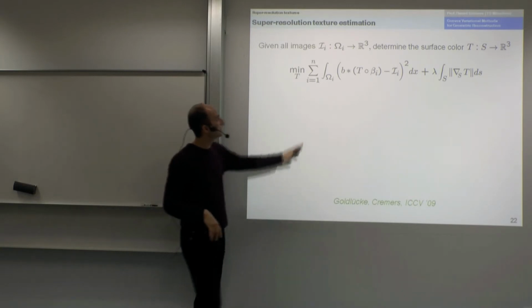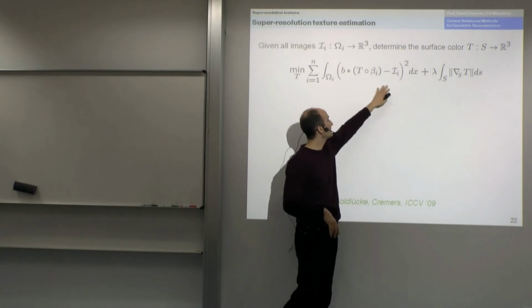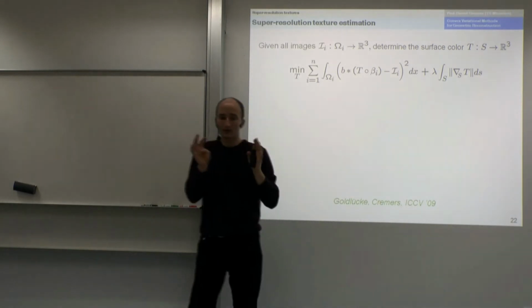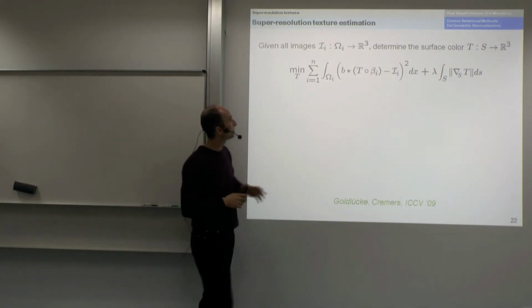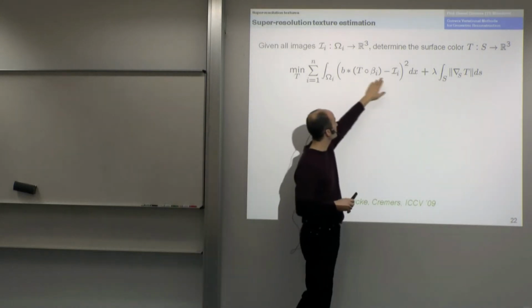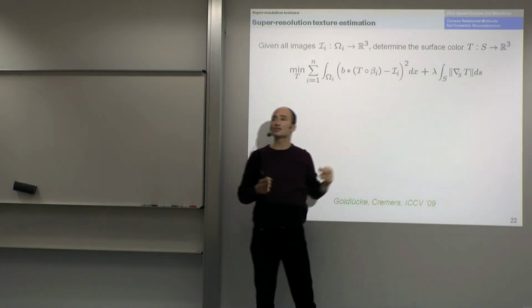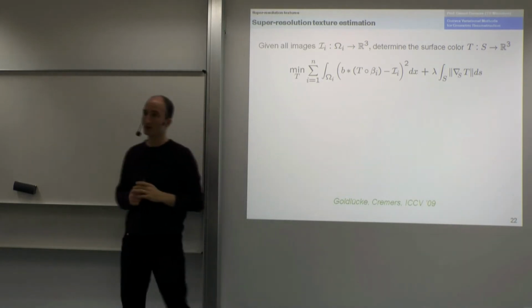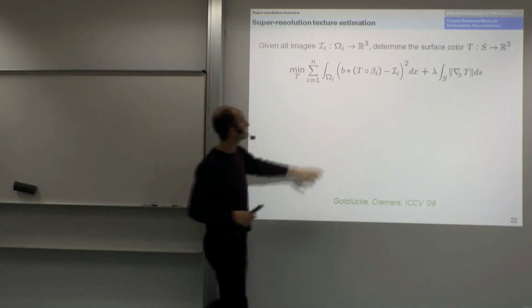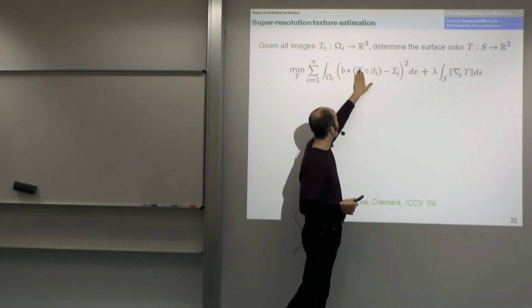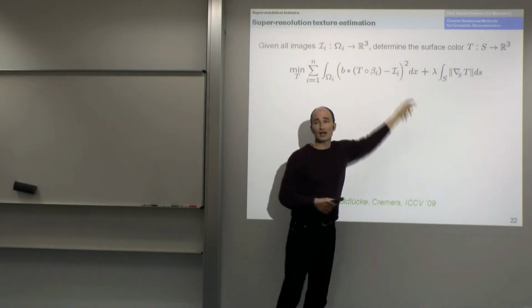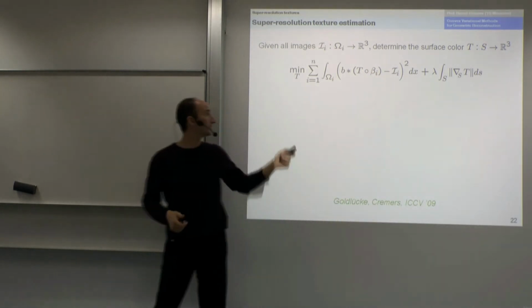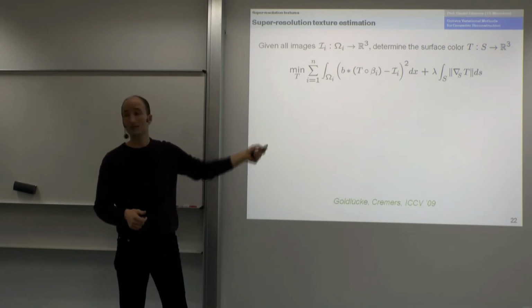And basically, to parse these data terms, it's usually a good idea to somehow look at the different components separately. The first thing you observe, there's a square. It's essentially a quadratic data term that we have here. And essentially, if we disregard these 2 elements, it's just t minus I squared. So the color should be the same as the observed color.